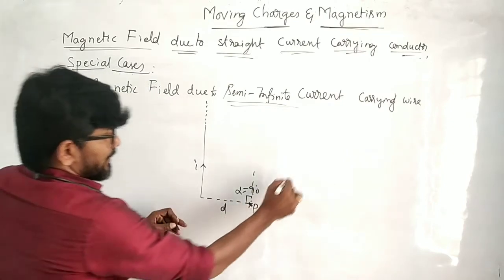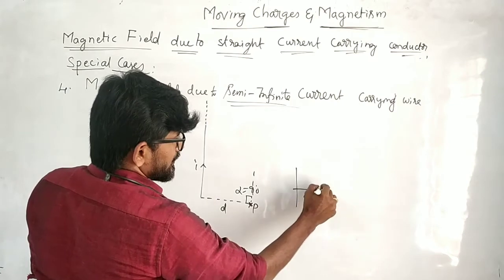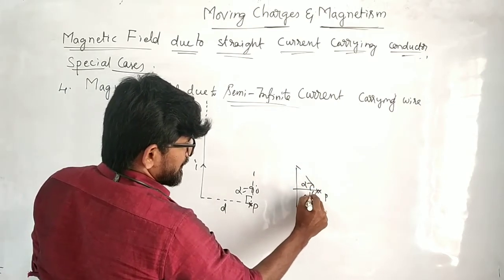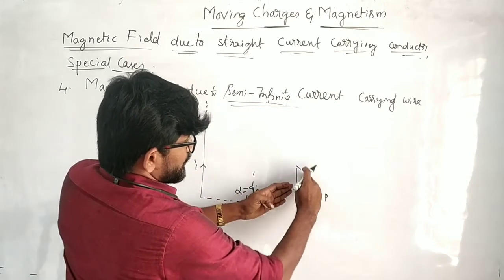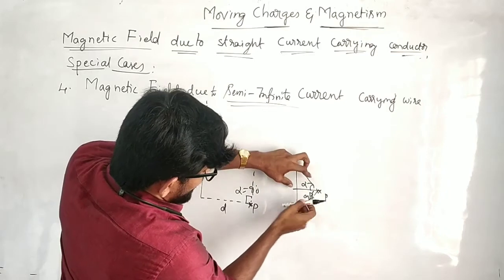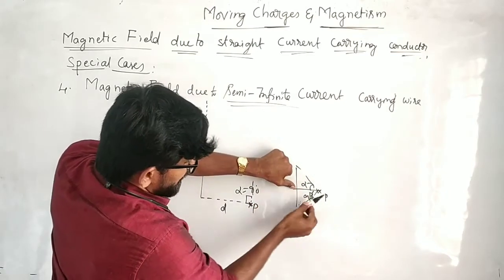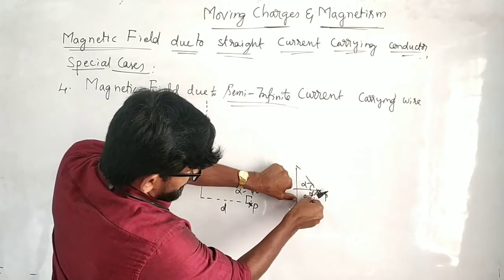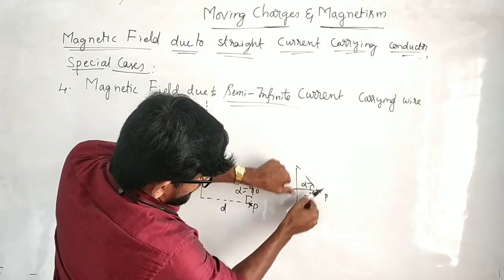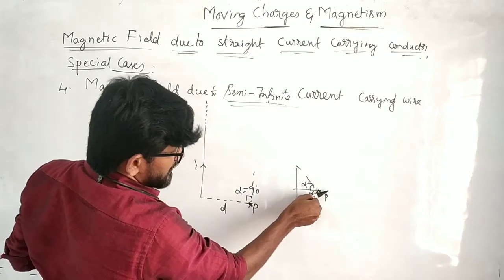But here, if you see, this is the point, this is alpha, and this is beta. Here, if it goes to infinity, alpha becomes 90. For beta, if the point goes nearer to the end slowly or gradually, beta is decreasing gradually.